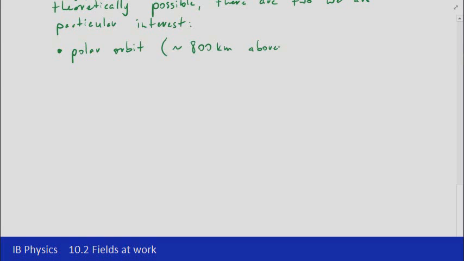These orbits are about 800 kilometers above Earth, so that's not the radius, that's the height above Earth's surface. And the reason why they're useful is that they allow all parts of the Earth's surface to be seen in a 24-hour period. That means you can scan across the whole Earth using a polar orbit once per day.